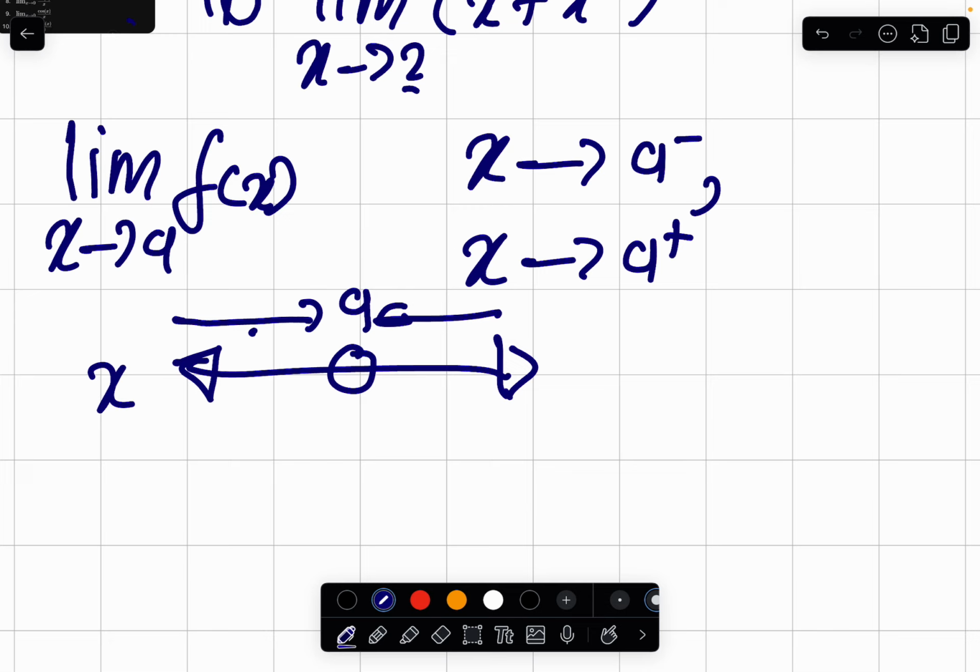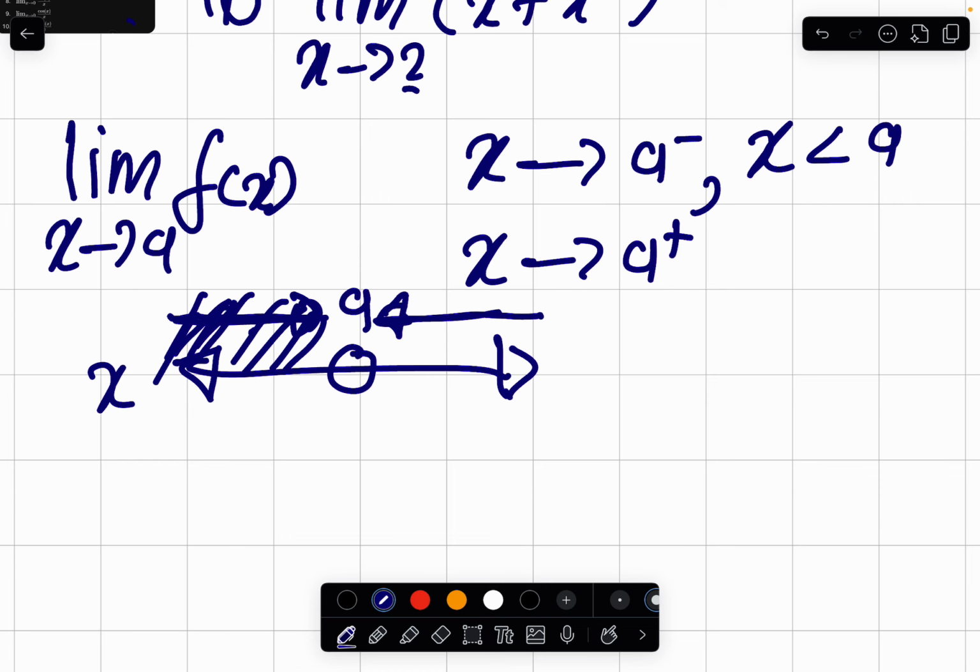When we're approaching a from the left, the values of x on this side are less than a. When we're approaching a from the right, the values of x are greater than a. Understand? That's all you must know. Simple stuff.